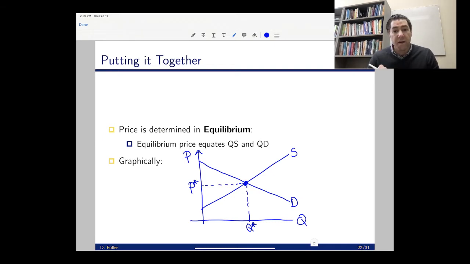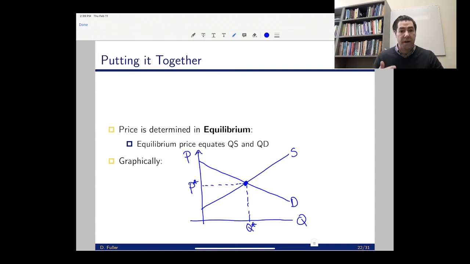And equilibrium is a state where there's no tendency to change. So think of the person in the lines at the grocery store, right? Those lines are in equilibrium if I don't have any motivation to change to a faster line. That's what we see happening here with demand and supply. The price adjusts to make sure that these two things are equal.